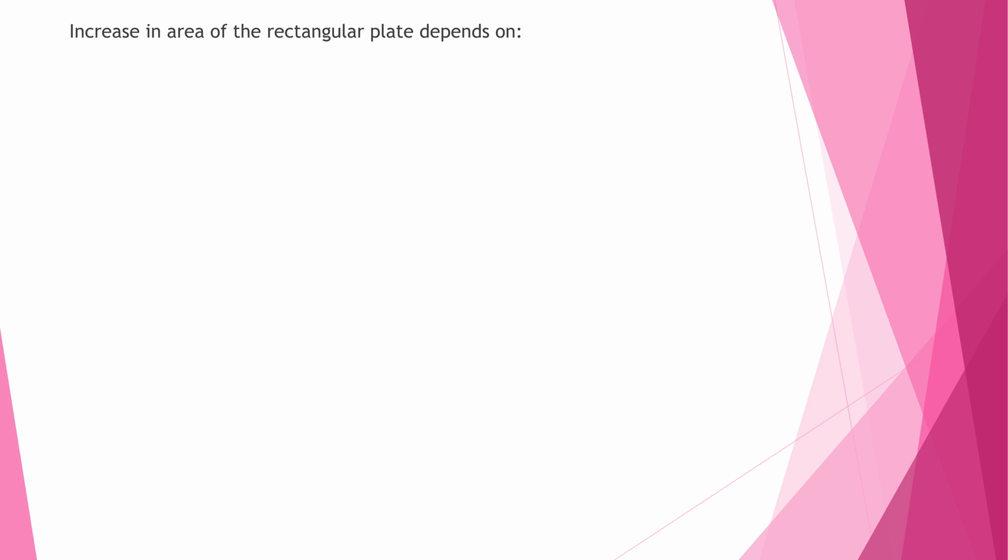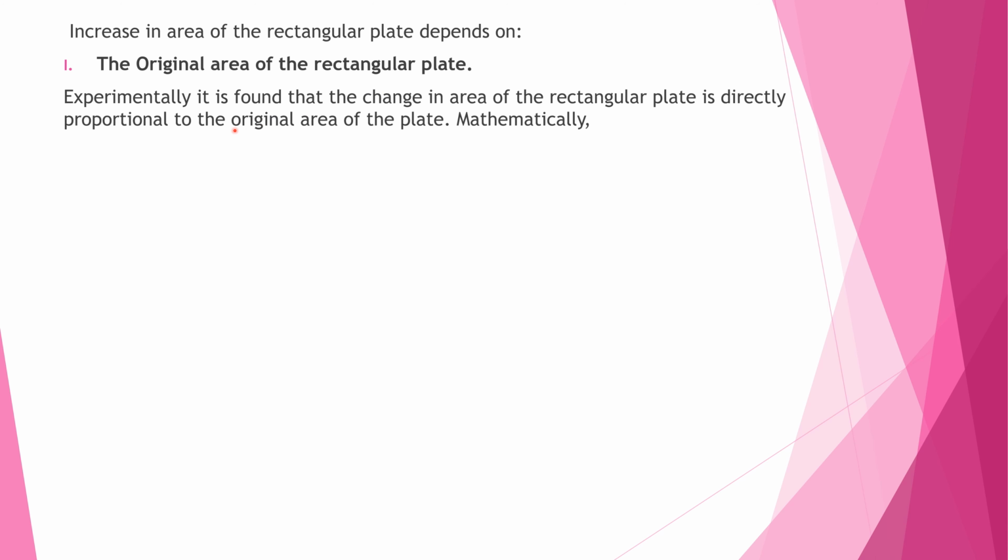Okay, the increase in area of a rectangular plate depends on the original area of the plate. Experimentally, it is found that the change in area of a plate is directly proportional to its original area. Mathematically, delta A is proportional to A naught.